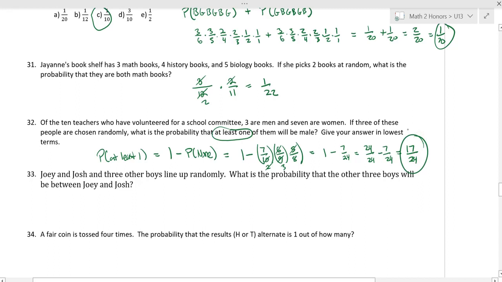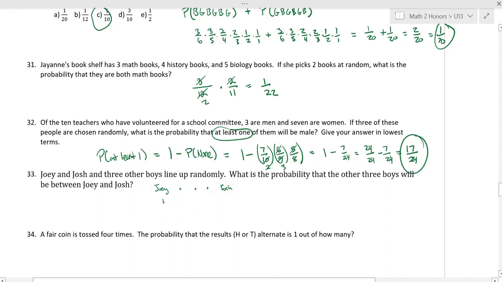Number 33, Joey and Josh and 3 other boys line up randomly. What's the probability that the other 3 boys will be between Joey and Josh? All right. Well, let's say we start with Joey and then end with Josh, and you got 3 in between.